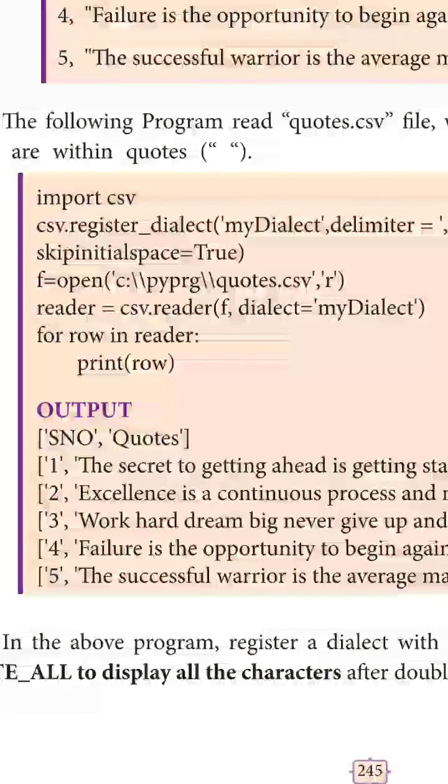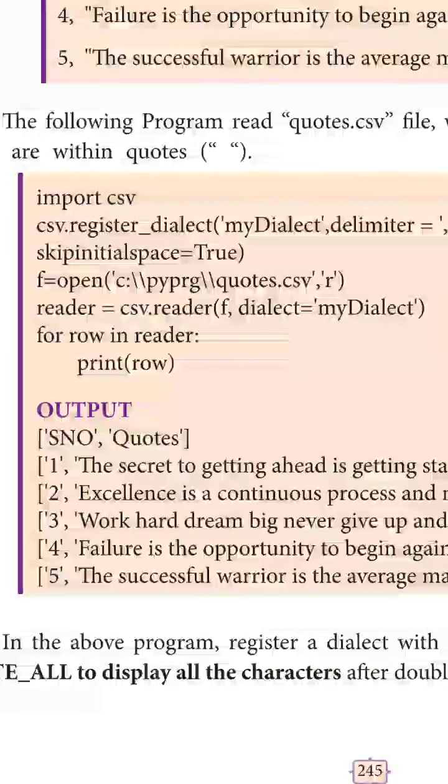So next is CSV file with custom delimiters. If you want custom-made delimiters, then you can use it by using this delimiter, the pipe symbol. Okay, so here you can see that they are using the pipe symbol, and it will create a delimiter as pipe.